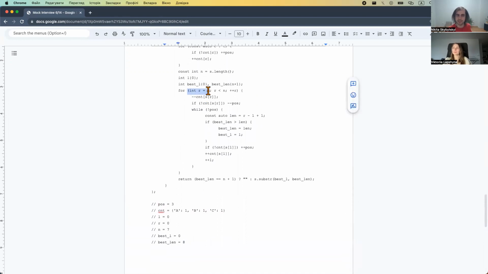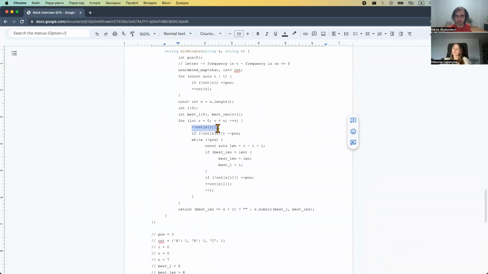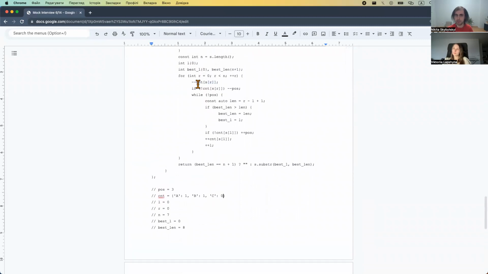So right is 0. I look at S[right], so at letter C. I decrement its frequency in the map, so it is now 0. It is now 0, so I hit this if, and I say, oh look, I have one less character with a positive value in the map, so positive decrements to 2. While positive is 0, well, positive is 2, so we don't go within this while loop at all. This while loop processes valid windows. We don't have a valid window yet.